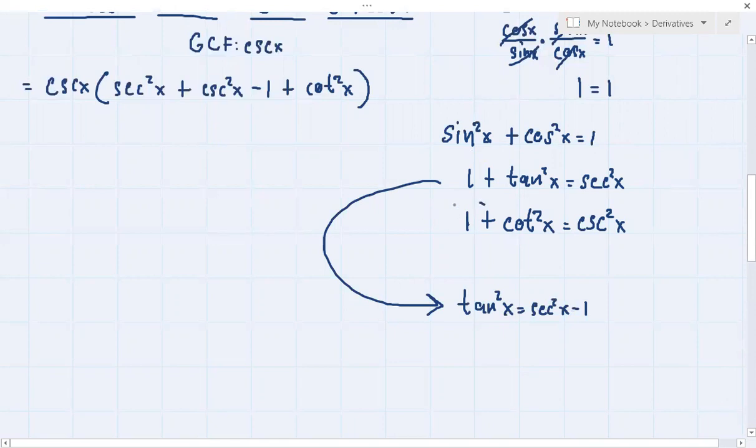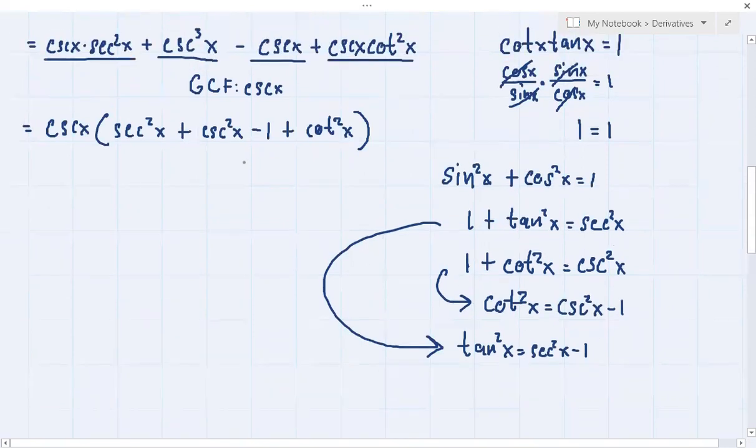How about this one? Let's try to transpose 1 to the right side. Then we will have cotangent squared of x is equal to cosecant squared of x minus 1.